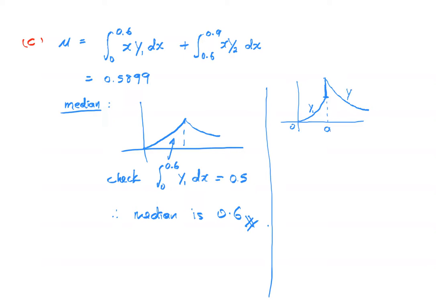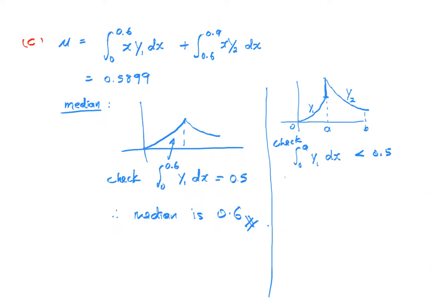Then this is my y2. I didn't give you the function. So now for median, if I integrate from 0 to a, y1 dx, I get less than 0.5. I check. So where is the median now? You tell me.